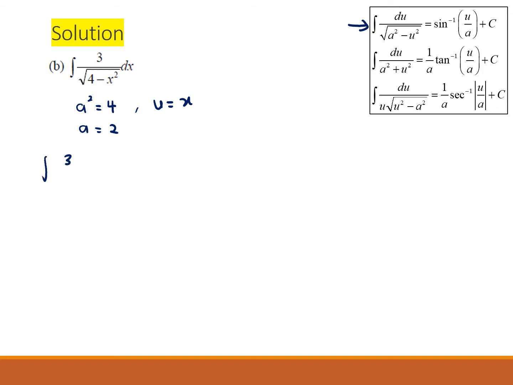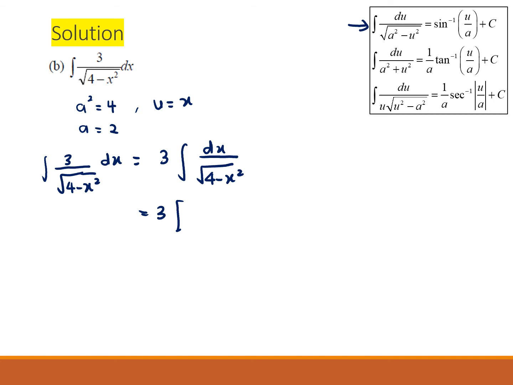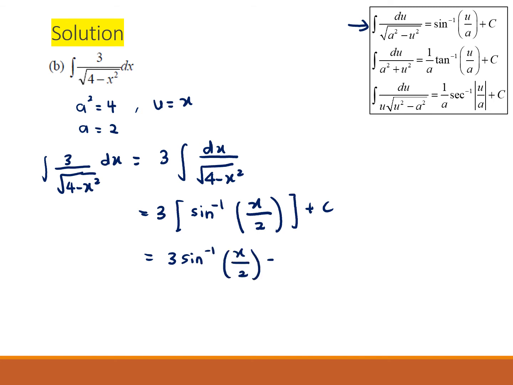If we rewrite the question, we have 3 integrated with dx over the square root of 4 minus x squared, which gives 3 inverse sine of u, which is x, over a, which is 2, plus c. So this is the final answer of the integration.